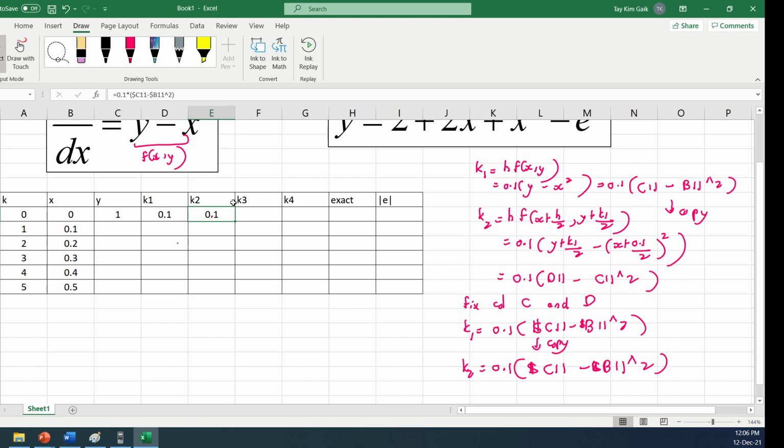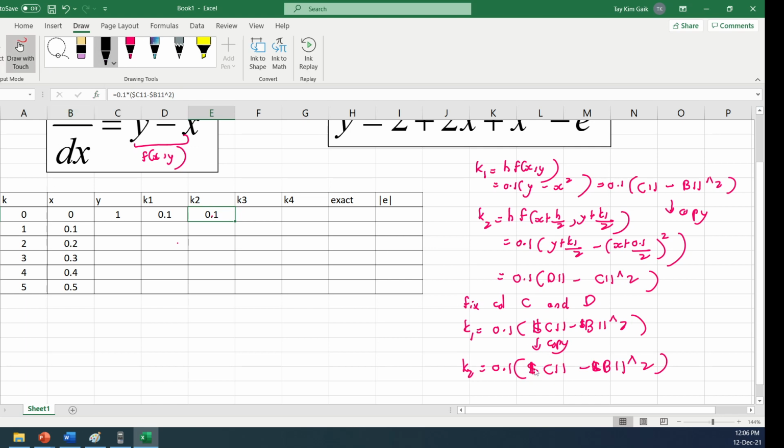So now when I copy it to K2, x is still in column B, y is still in column C. It won't run.